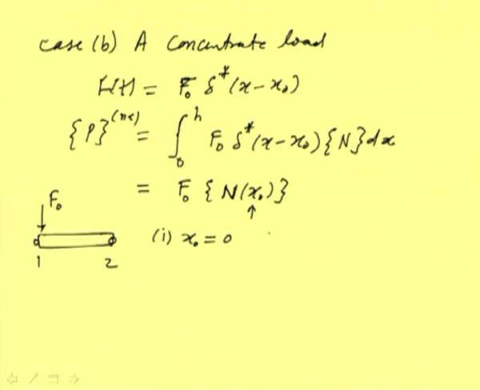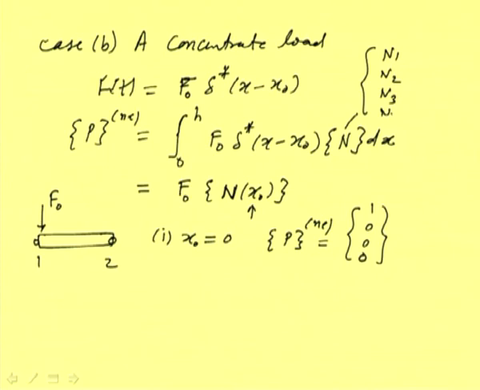So if we substitute x naught equal to 0, the P vector will be 1 0 0 0, because N contains N1, N2, N3, N4, and you can check that at x equal to 0 only N1 has the value 1, all others have the value 0.